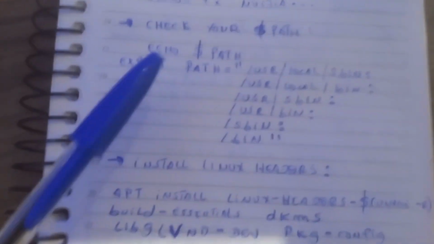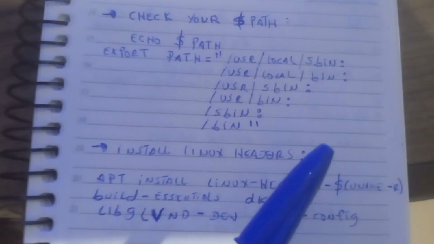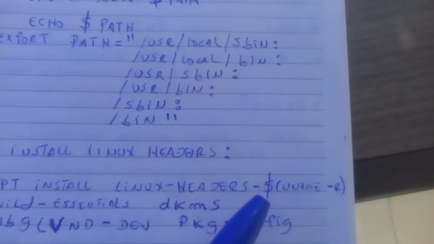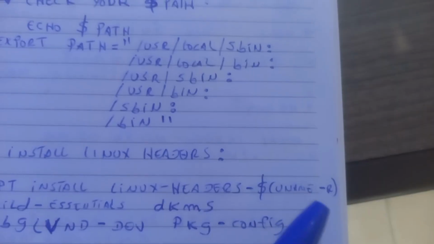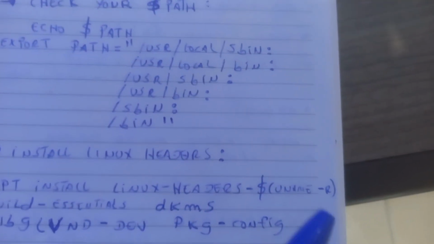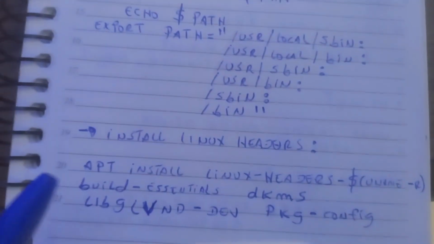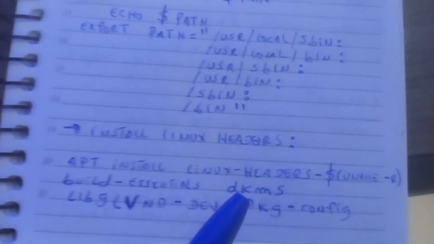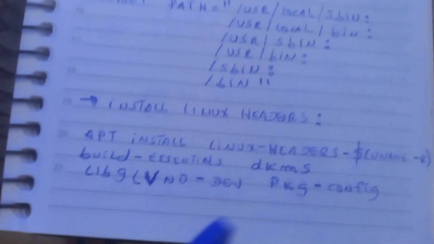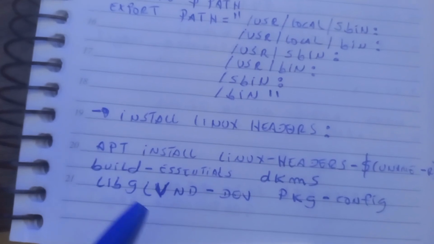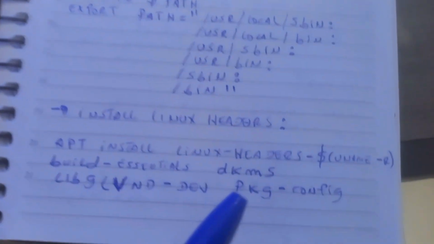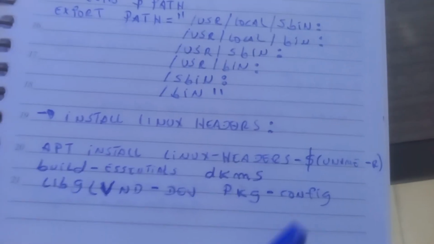After that, you need to install the Linux headers, apt install linux-headers-$(uname -r), okay, and build-essential, dkms, libglvnd-dev, pkg-config.